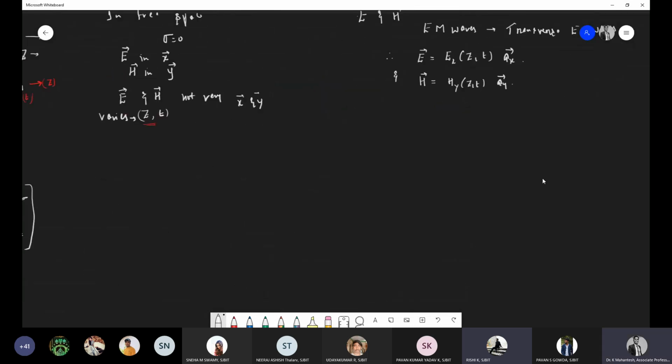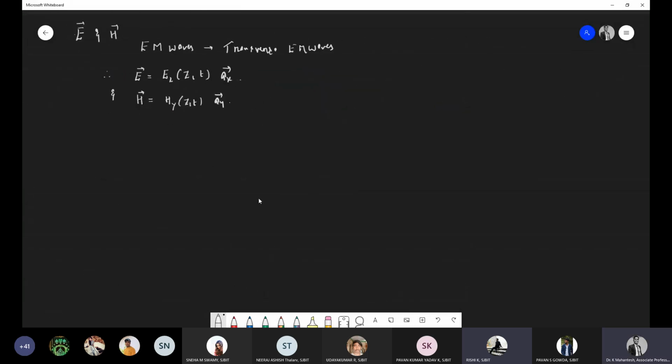So consider wave equations for E and H, which can be given by, I'm trying to derive the wave equations for uniform plane waves.